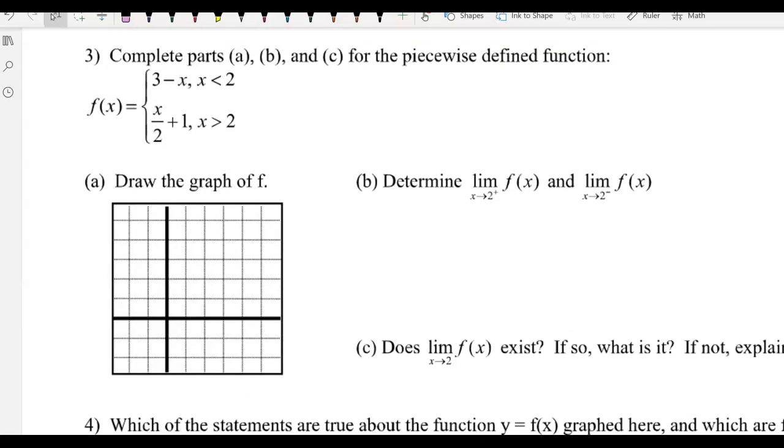Friends, help each other out. If you're stuck, just tell your friends you're stuck. Get some help. If you guys don't know how to sketch it, is it okay to make a table? Yeah, make a table. Take some x values. Take some y values.